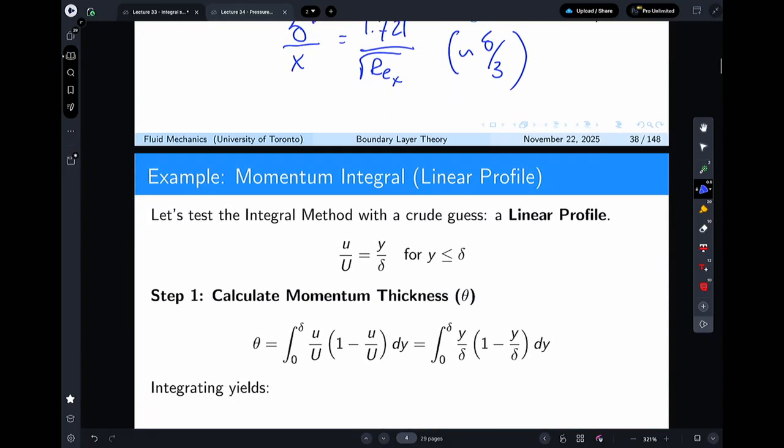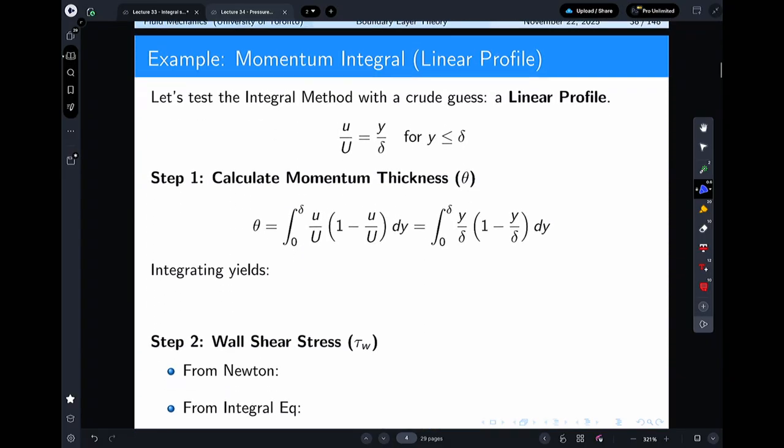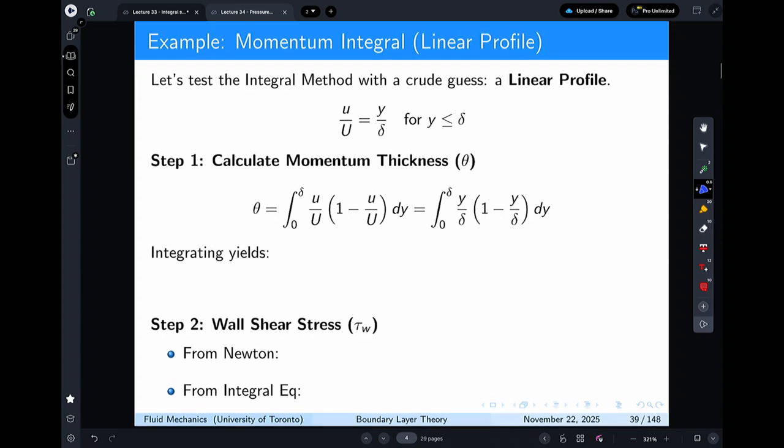You can do a number of different approaches, but it's interesting to just look at a linear profile. A linear profile for u over u infinity would be just y over delta, for y less than delta, so within the boundary layer. The momentum thickness is the integral from 0 to delta of u over u infinity times the quantity 1 minus u over u infinity, dy.